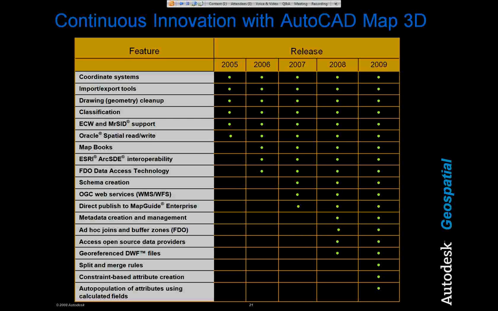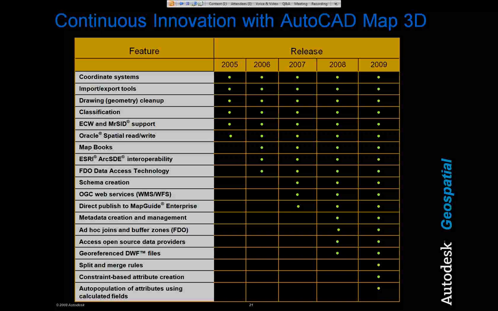So when you're creating spatial data like water pipes, for instance, you can build in constraints on that attribute creation so that users creating that data are constrained to certain attributes. For instance, a pipe material. You can constrain them to several types of pipe material rather than just being able to add any type of material they want. And then auto-population of attributes using calculated fields. So as you're working with this geospatial data, you can auto-populate attributes of that geospatial data based on calculated fields from the CAD side. So very powerful.